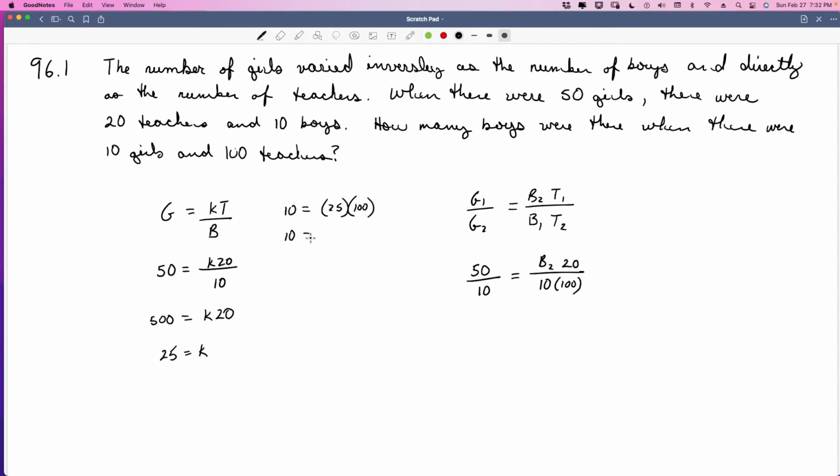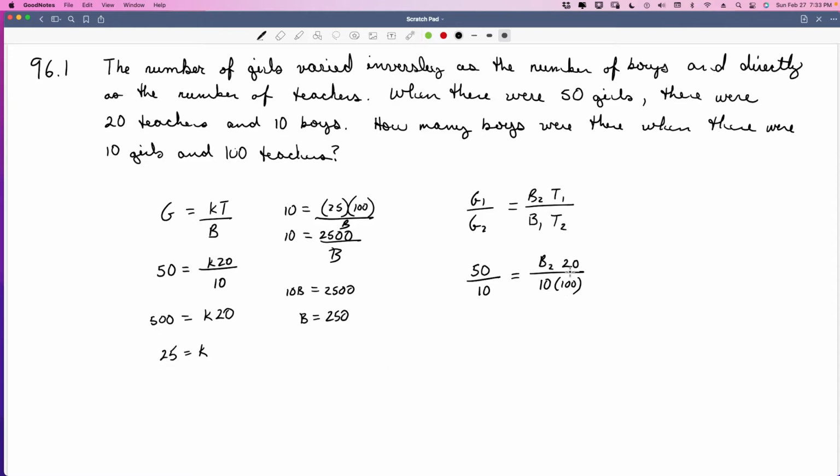So 10 equals 2,500. What am I leaving out? Oh, divided by B. So we multiply both sides by B, and we get 10B is equal to 2,500. Then we divide both sides by 10.